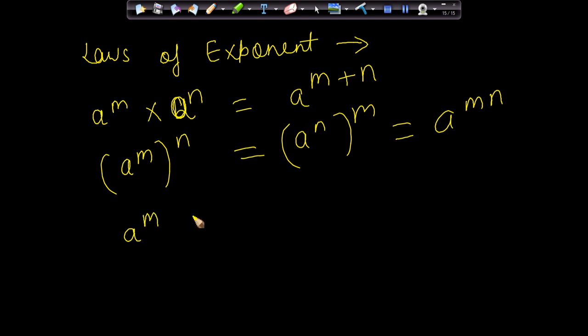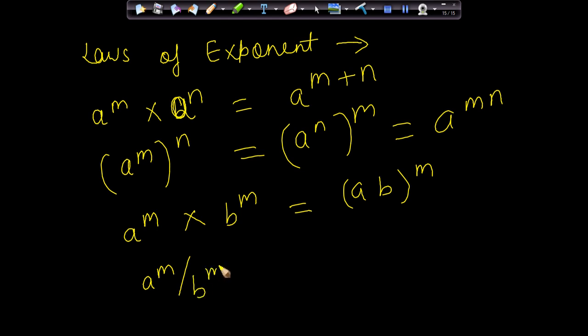a to the power m into b to the power m is the same as (ab) to the power m. a to the power m by a to the power n is the same as a to the power m minus n, where m is greater than n.